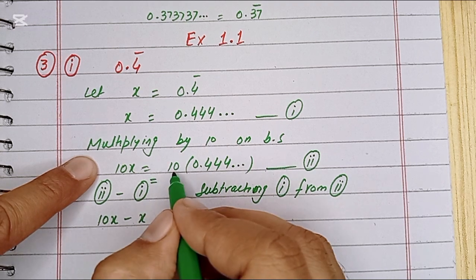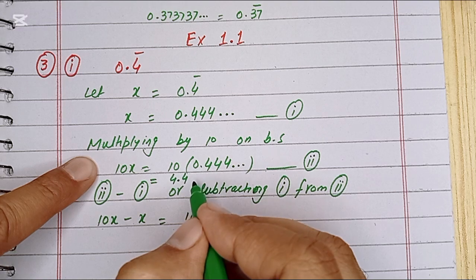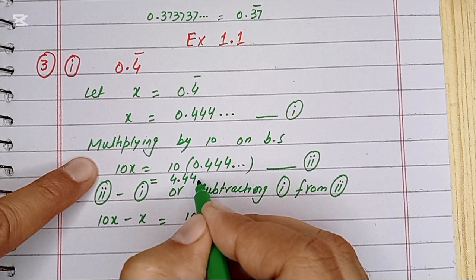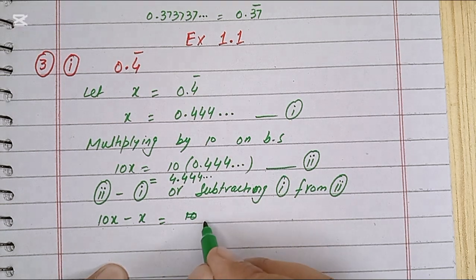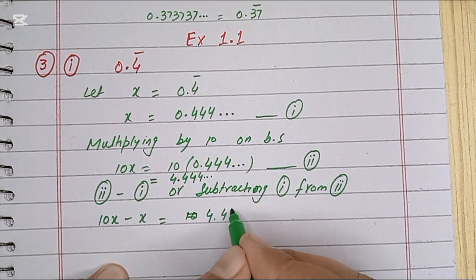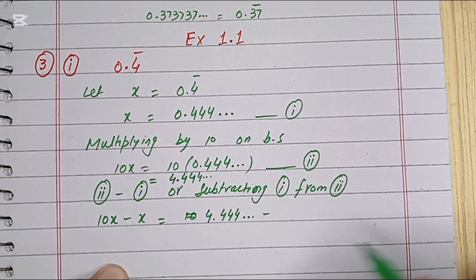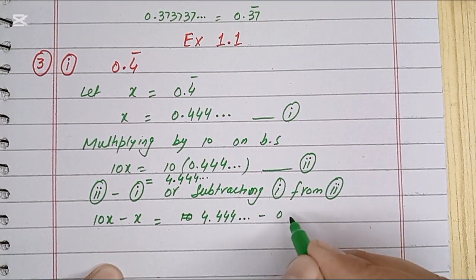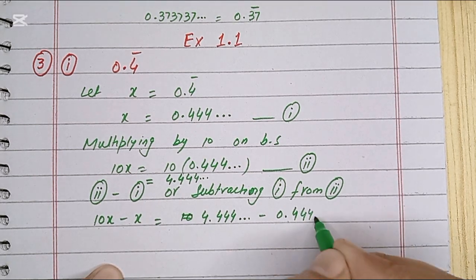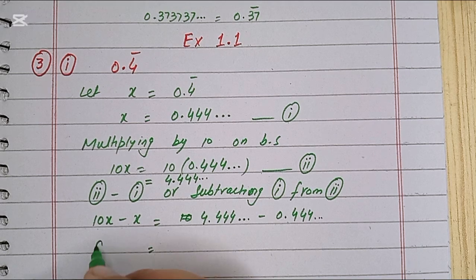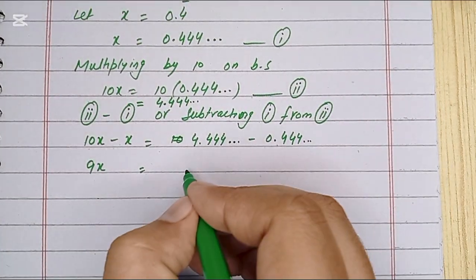After multiplication, the right side becomes 4.444 and so on. So we subtract 0.444 and so on from 4.444 and so on. The left hand side will become 9x and the right hand side will be 4.